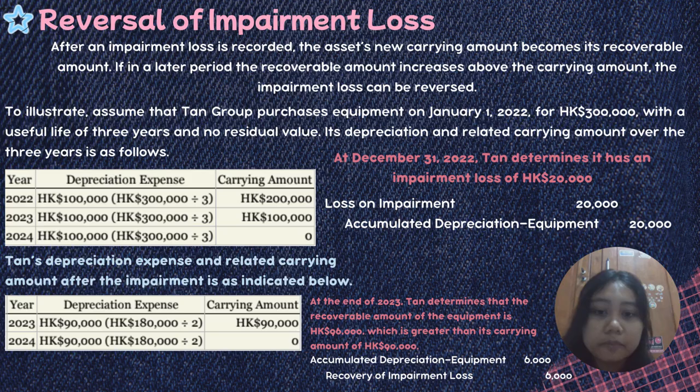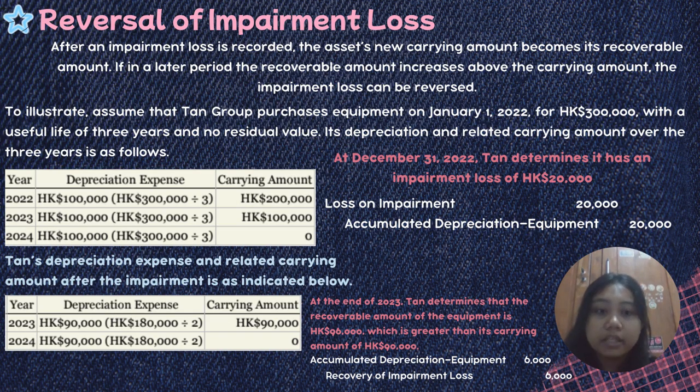The result is $180,000, and we divide it by two because the remaining useful life is 2 years. So the result is $90,000, and 2024 is zero, same as before.